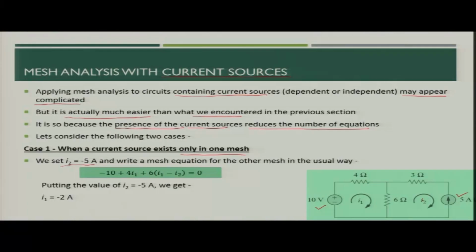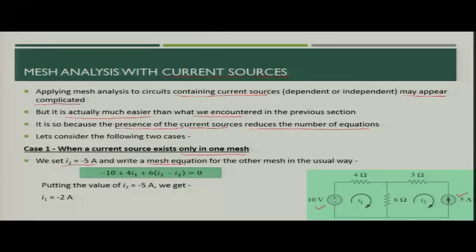So, that is why we will say I2 is nothing but minus 5 ampere. You can easily verify this from the figure, because I2 will flow in this direction and the current from the current source will flow in this direction. So, I2 would be nothing but minus 5 ampere. Now, we got the value of I2 straight away through inspection using this figure.